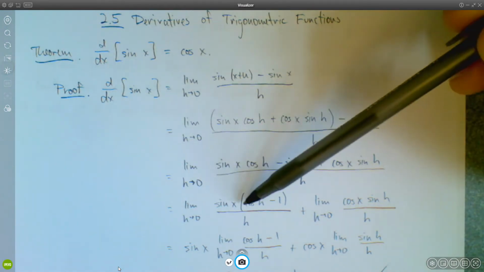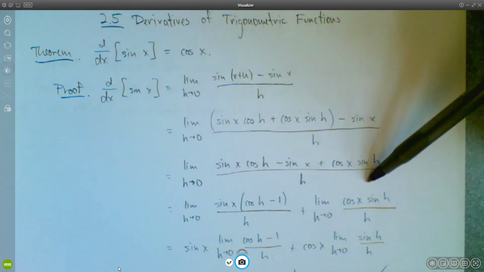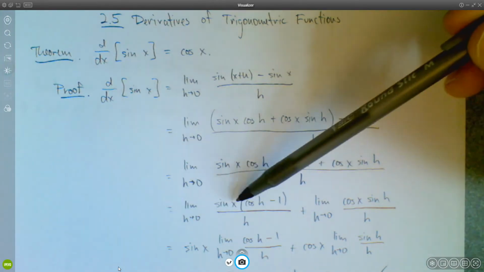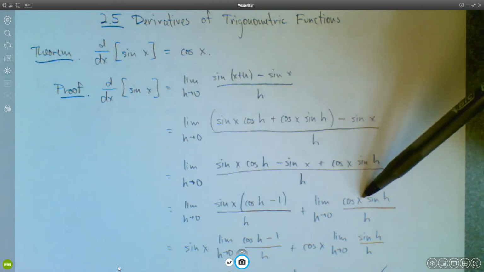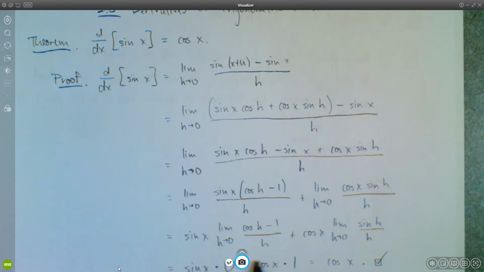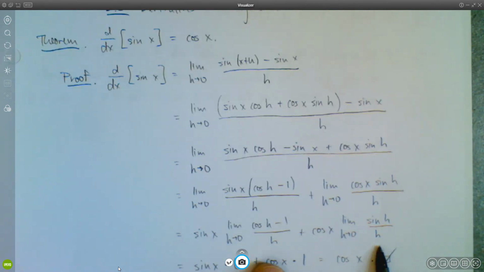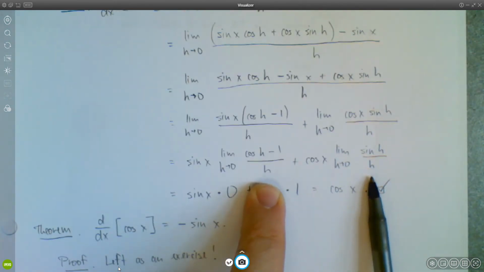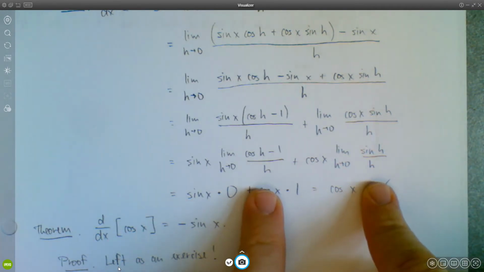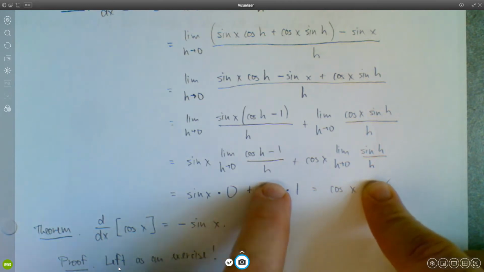So we have the limit of this thing plus the limit of this other thing. Now the sine x we can take out because it doesn't depend on h, and the same thing with the cosine x. And what we end up with should look pretty darn familiar. We talked about these two things in great detail, like we had almost an entire section about these two things back in chapter 1, right?